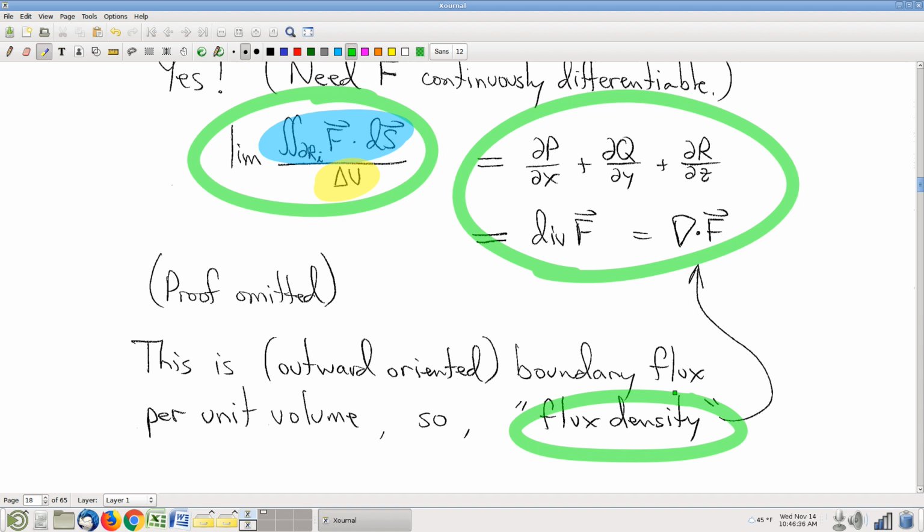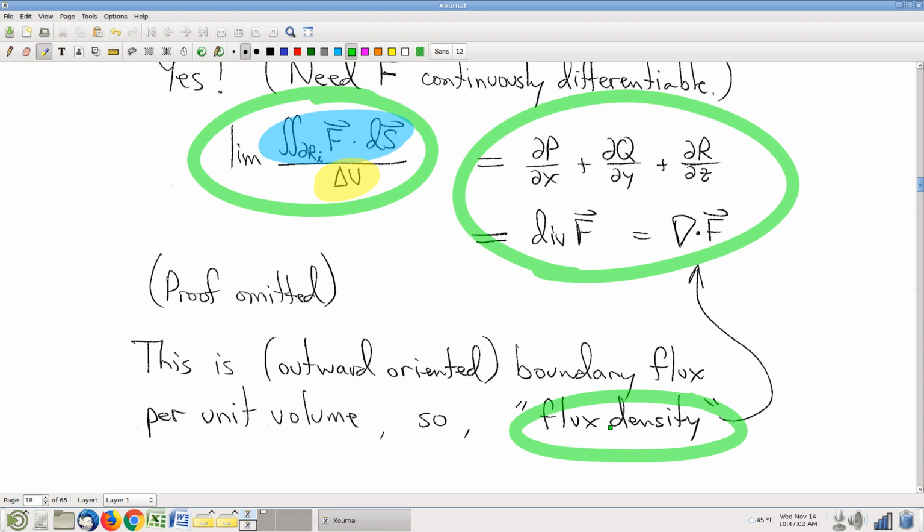Well, here we're looking at, I guess you would say, outward-oriented boundary flux per unit volume, right? But it's just clunky to say outward-oriented boundary flux density, right? So people just call it flux density, and it's admittedly a little sloppy to call it flux density.